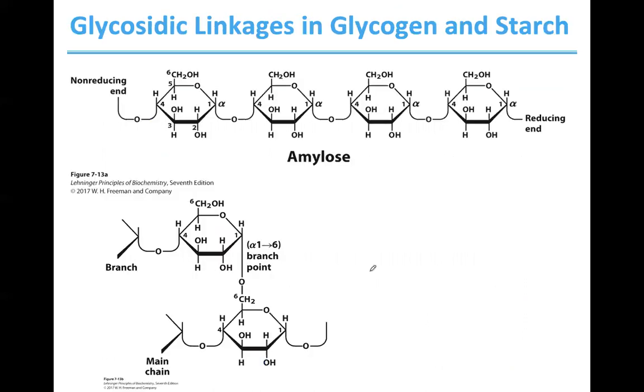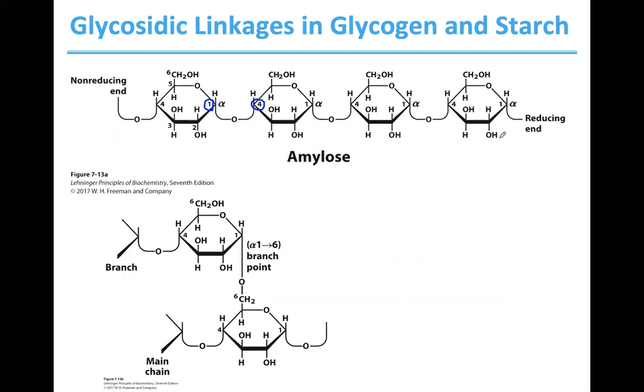So here are the structures of amylose and amylopectin. So you can see here, this is the linear. So amylose is linear, 1 to 4, right? So 1 to 4.